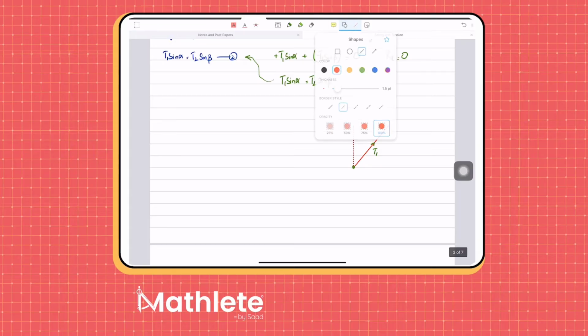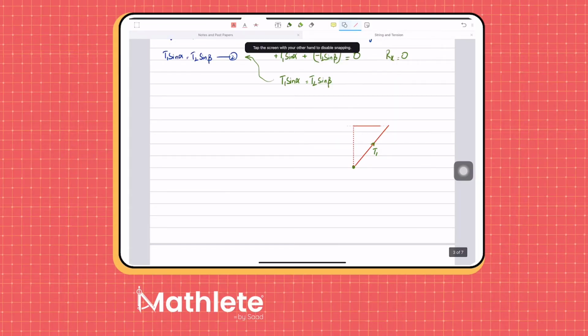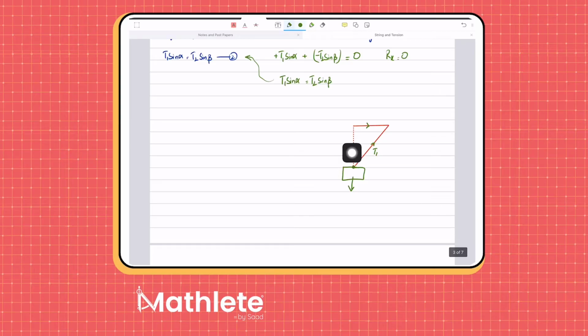That means the horizontal component of this tension will also be acting towards the right. And because the weight is always acting downwards, in which direction will the vertical component due to this tension act? Upwards.